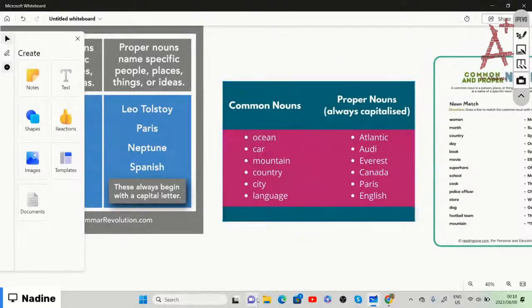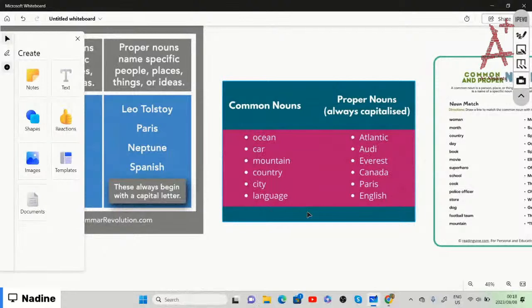Instead of just mentioning the general common noun mountain, we can say Mount Everest, or Table Mountain, or any mountain that we make mention of. Instead of just saying the country, we can talk about Canada or South Africa.